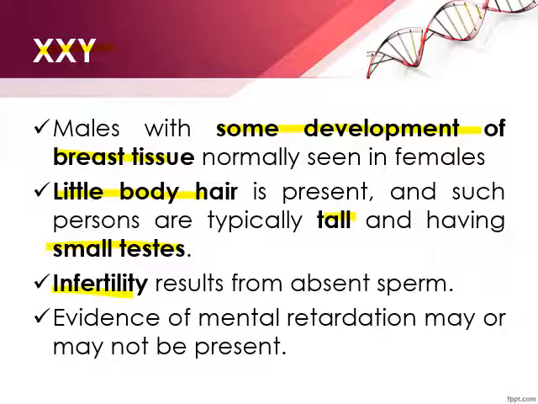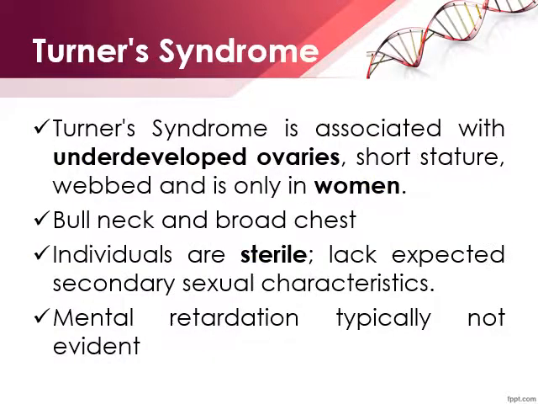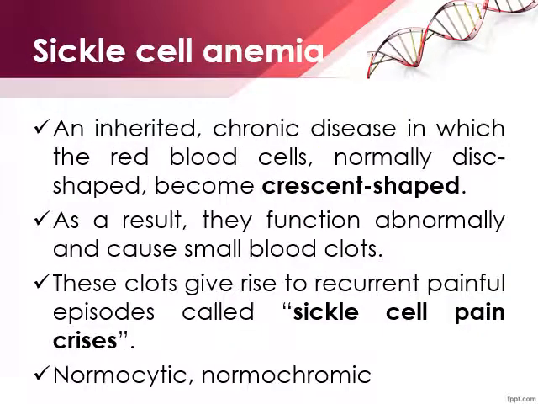Infertility results from absence of sperm. Then you have Turner syndrome. It is due to underdeveloped ovaries. So females who have Turner syndrome have short stature, webbed neck, bull neck and broad chest. Individuals are sterile. Mental retardation is typically not evident.